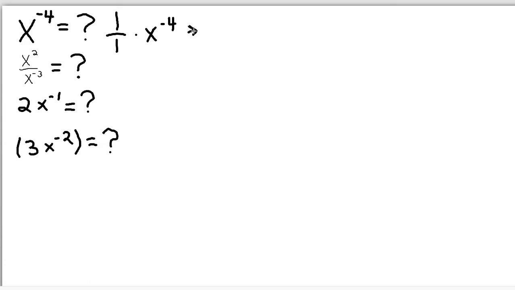That allows us to do this. Say that 1 times x to the negative 4th divided by 1 is equivalent to the inverse of that.